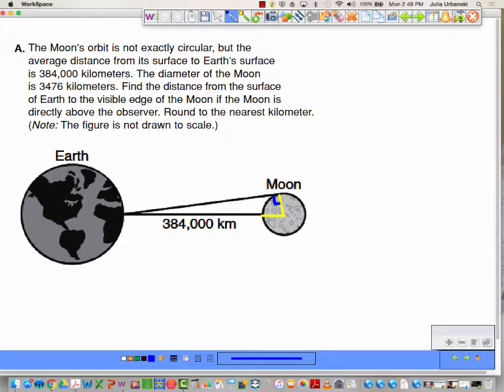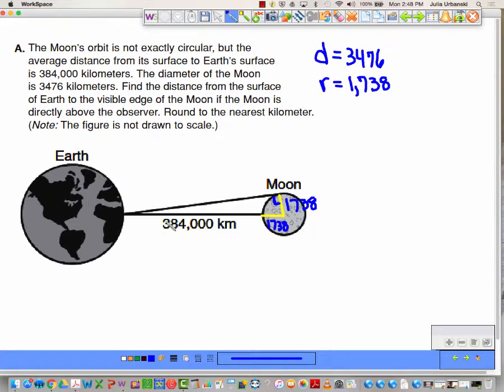So if we fill this in, the diameter, it tells us, is 3476 kilometers. So that means the radius halfway across would be half of that, 1,738 kilometers. So that would be right here, 1,738 kilometers here, and right here as well, 1,738.